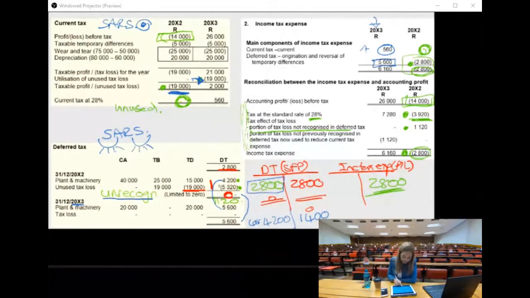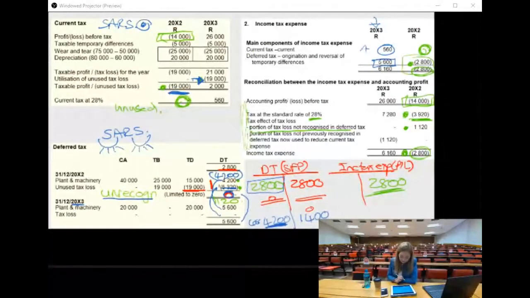Okay, so the movement from the 4,200, that's the recognized portion, to 0 is this 4,200 movement. Because remember we could not recognize the full 5,320. We had to recognize 4,200 in order to get this to 0.